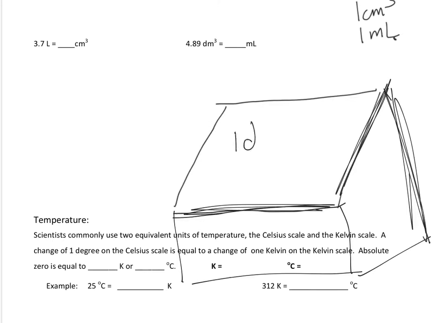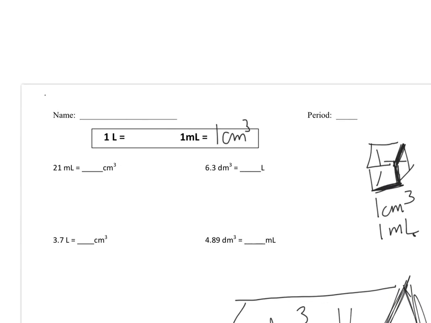That would be 1 decimeter cubed, because a decimeter is 10 centimeters or a tenth of a meter. That is equivalent to 1 liter. And when we go back to school in August, I'm going to show you a decimeter cube, and we'll pour a liter of water in it and see if it fits.